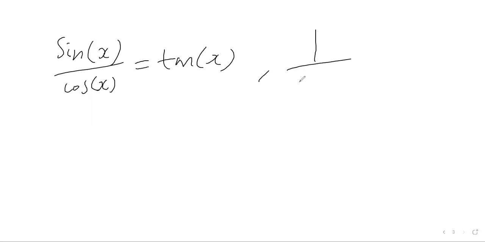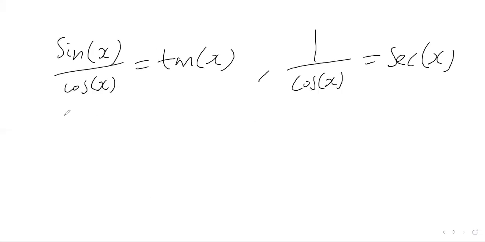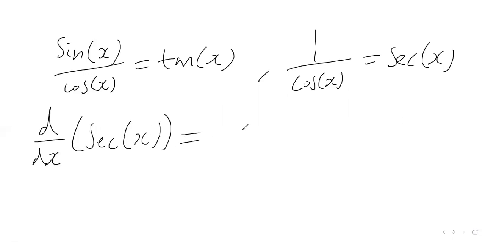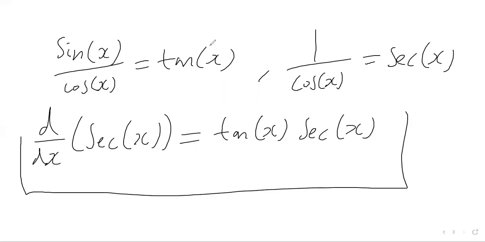And by definition, 1 over cos of x is obviously just sec of x. And so from here, we know that the derivative of sec of x must be tan multiplied by sec. So therefore, the derivative of sec of x is going to equal tan of x multiplied by sec of x. And yeah, so that's the final answer with this derivative.